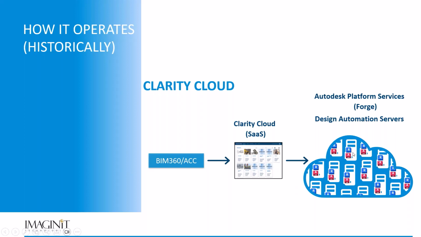And so there's no machines to manage. It all just gets sent off to the cloud and comes back when it's done. So that's the fundamental difference of how these two products, the Clarity On-Premise and the Clarity Cloud, have operated.